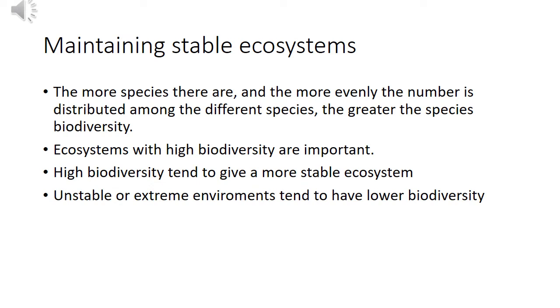So there are many reasons why we want to protect ecosystems with high biodiversity, but also just having a high biodiversity in an environment can help protect the ecosystem by itself.